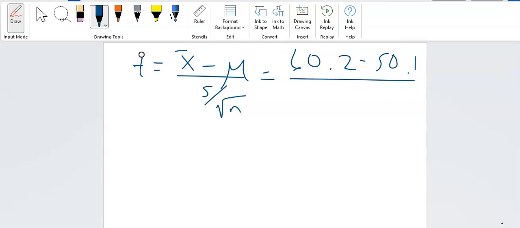It's pretty much the same as the z, except we're going to use the sample standard deviation.